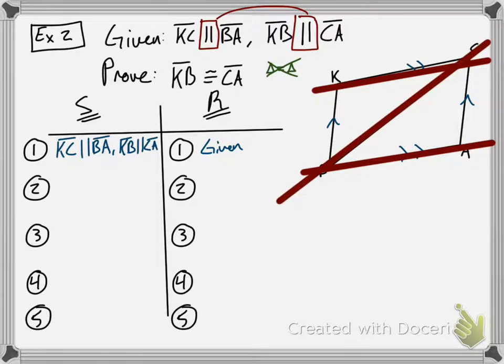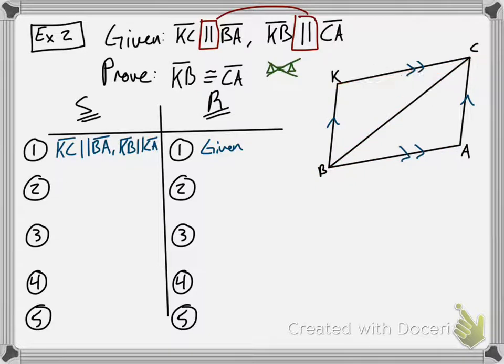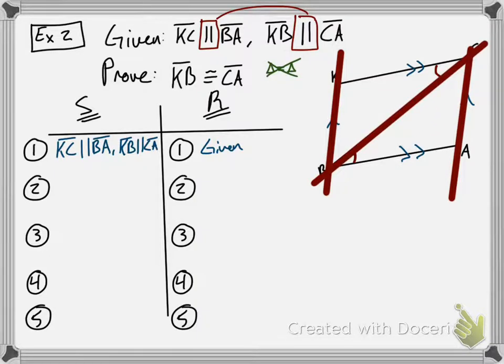So there's our parallel lines and our transversal, where we have this angle in the top right is congruent to this angle in the bottom left. And then we also have a second pair with a transversal, where we can prove another set of angles is also congruent through alternate interior.